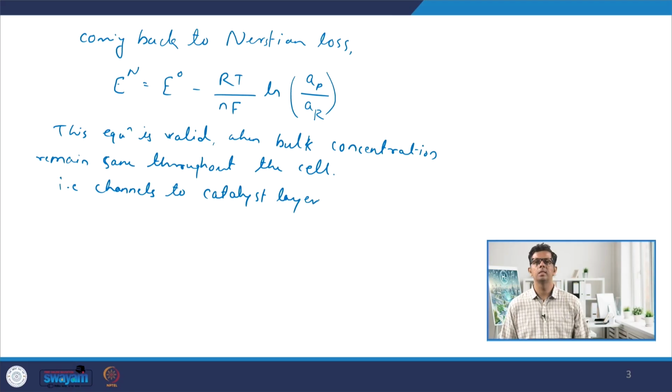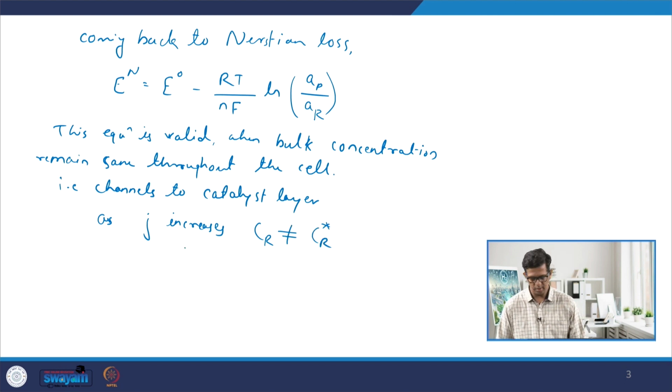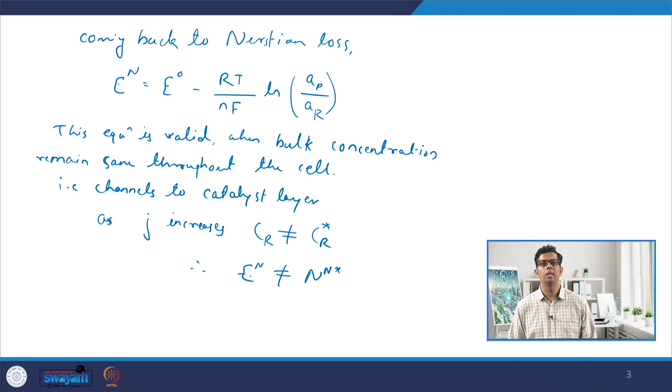This bulk concentration is assumed to remain the same throughout the cell, which is not the case when we draw higher amounts of current. As your current increases, the concentration of the reactants at the reaction site is not equal to the bulk reactant concentration. So Cr is not equal to Cr star, and therefore En is no more equal to En star, where En stands for Cr, and En star stands for Cr star.